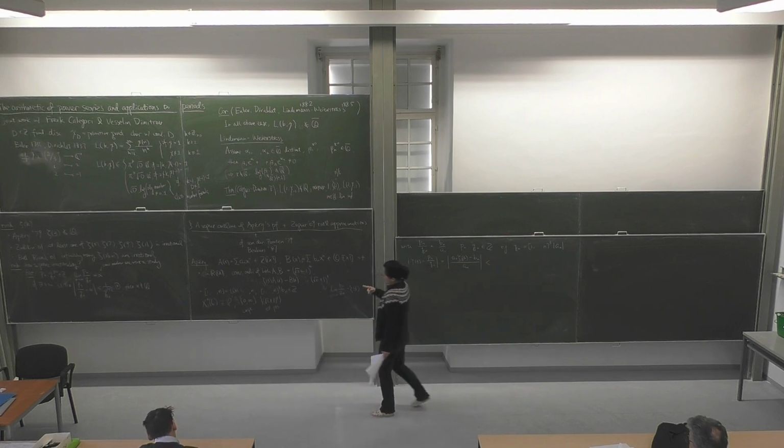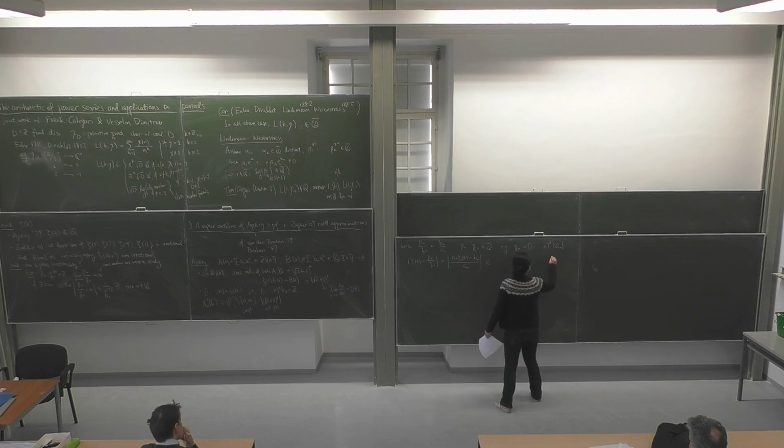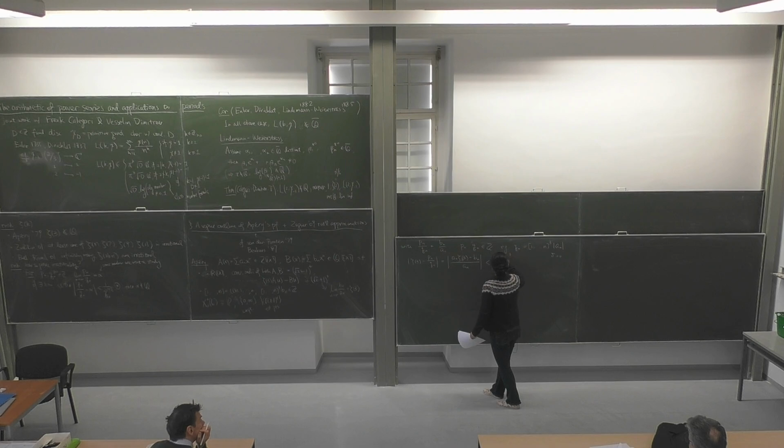So the convergence radius controls the size. So this is smaller than, where delta is something positive. You could feel free to ignore all the delta that I'm going to write because it's just for preciseness. It doesn't change any of the numerics that we really care about. So this is the bound for the top part, and let me just keep the An for the bound of the denominator.